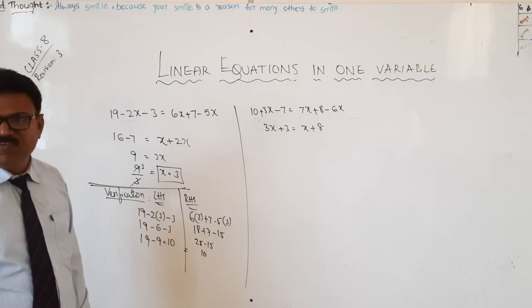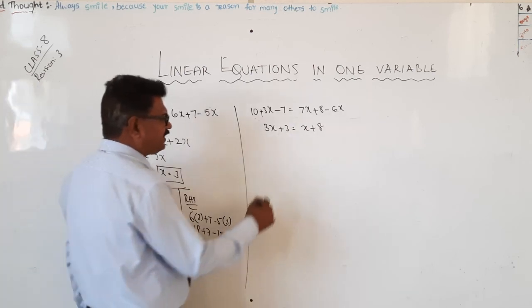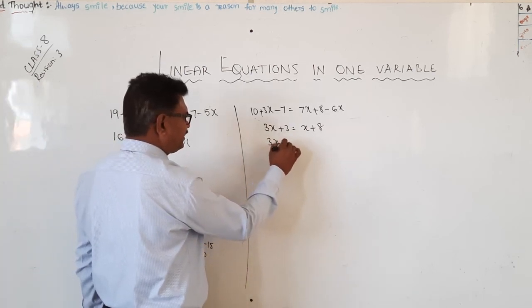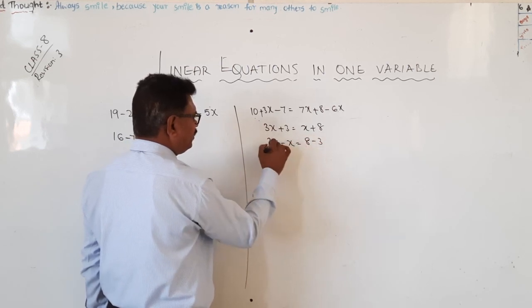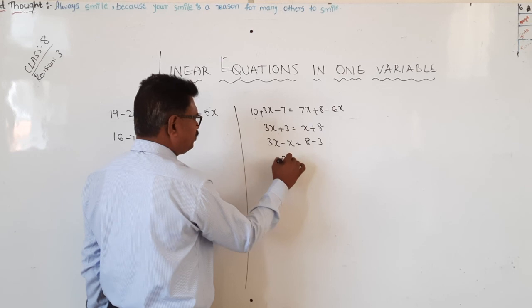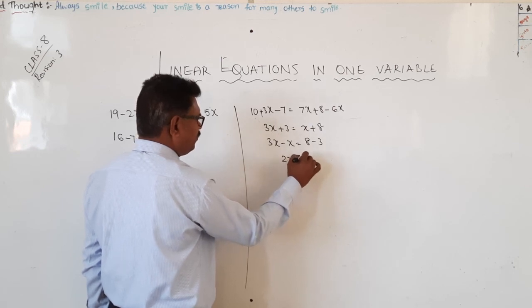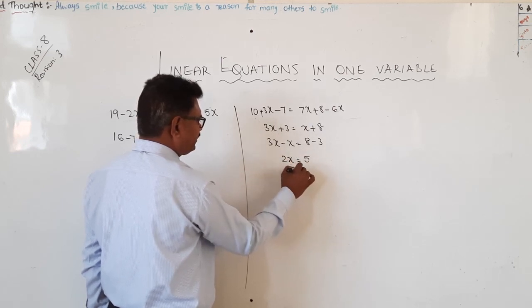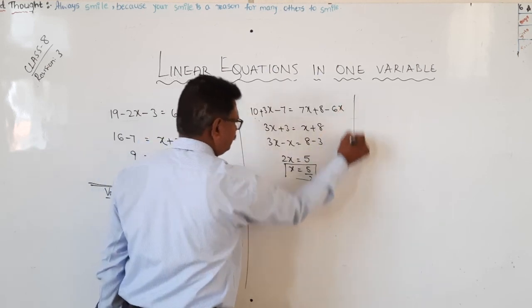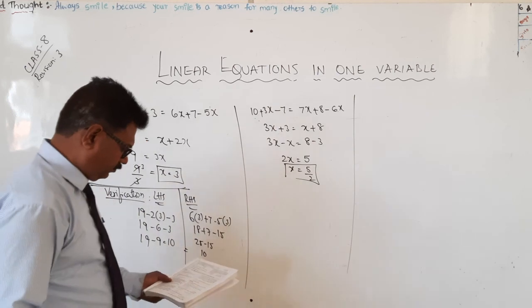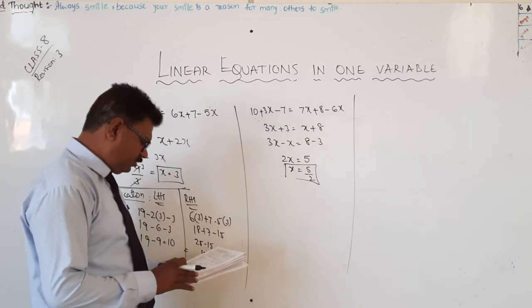Now this is in simplified form. Now 3x is greater, therefore bring that. 3x minus x equal to 8 minus 3. 3x minus x is 2x equal to 5. Therefore x equal to 5 by 2. Okay? x equal to 5 by 2.